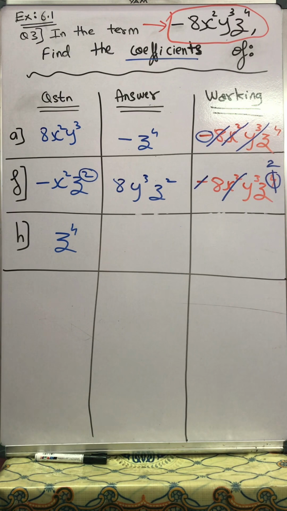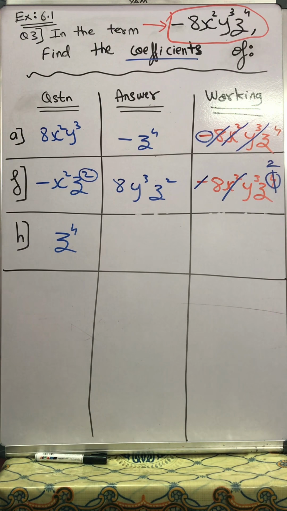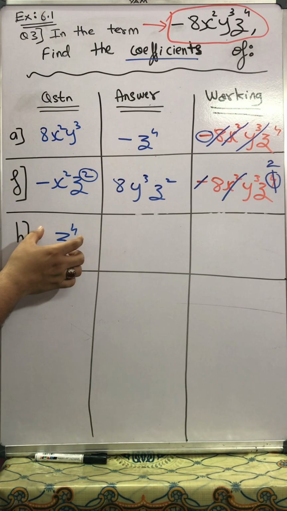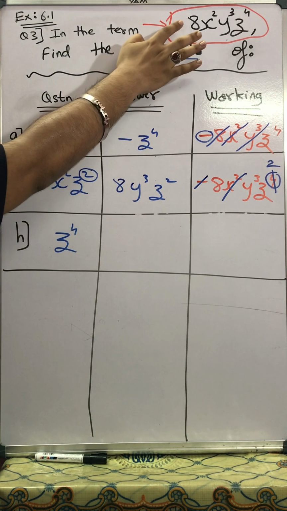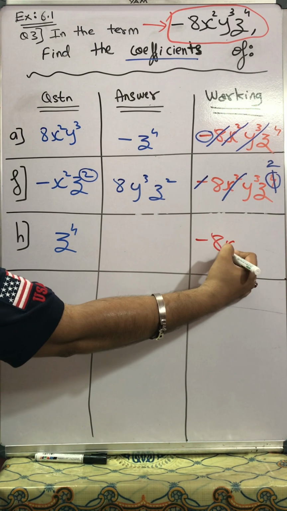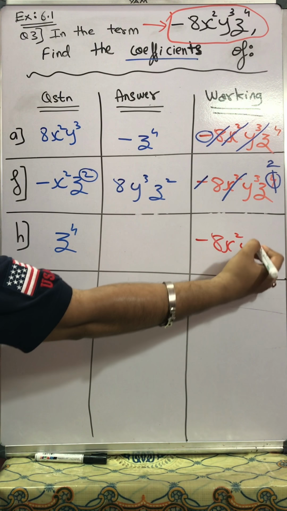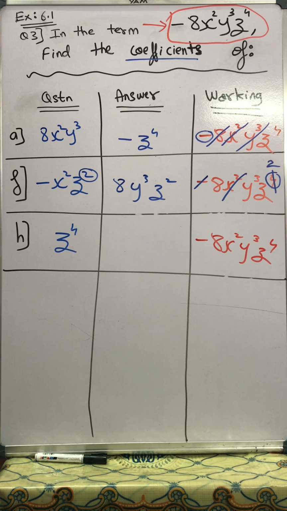Okay, now let's proceed to the last one, z raised to 4. I have to compare this z raised to 4 with this term, and I need to find the coefficients of z raised to 4, meaning all the other friends of z raised to 4 which are there in this term. Okay, first let me write minus 8 x square y cube z raised to 4. I just copied it over here.